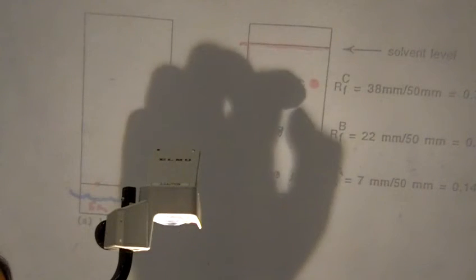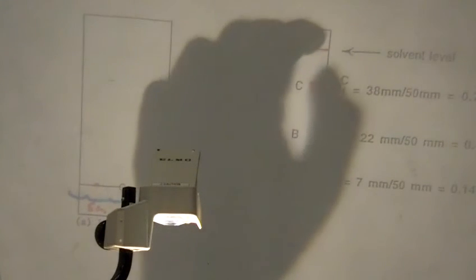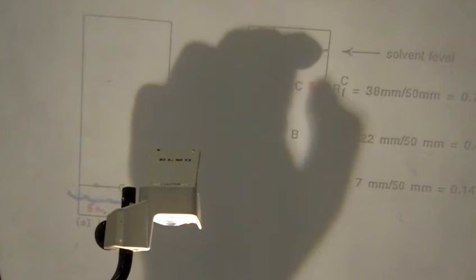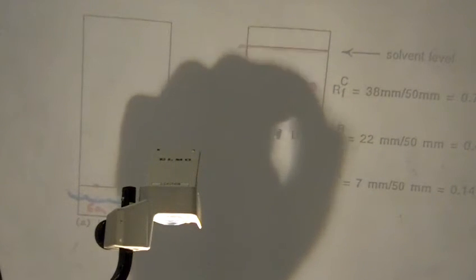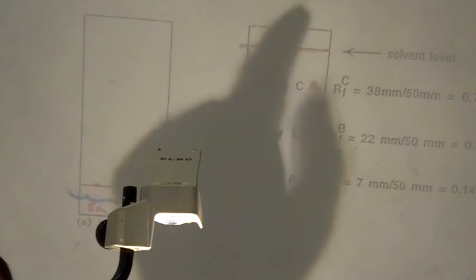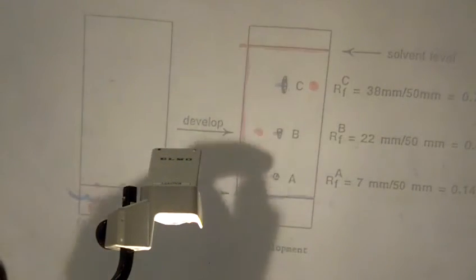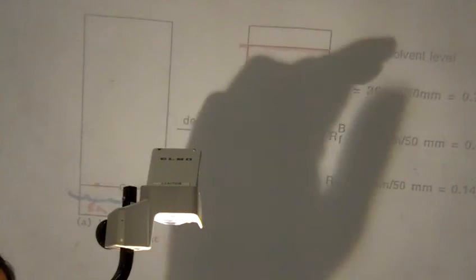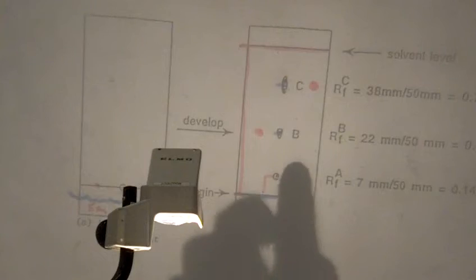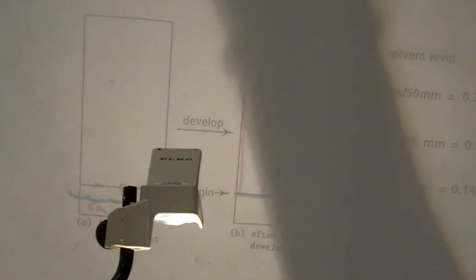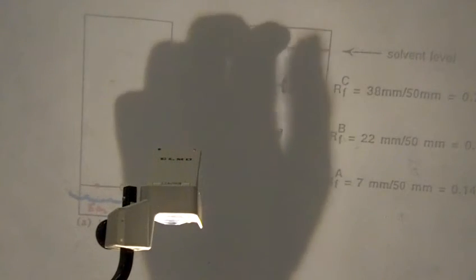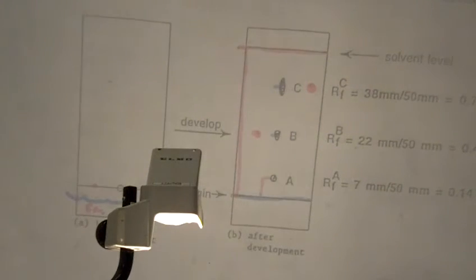And the thing is, you can't get them to move beyond the solvent front. Okay, that's always going to be the stopping point. They're not going to go beyond the solvent front unless you forget to pull your TLC plate out of the developing chamber, and then it'll basically run off the TLC plate, okay? But if you marked your TLC plate appropriately, you're not going to leap beyond the eluent. You'll always be on this side of the eluent, all right?